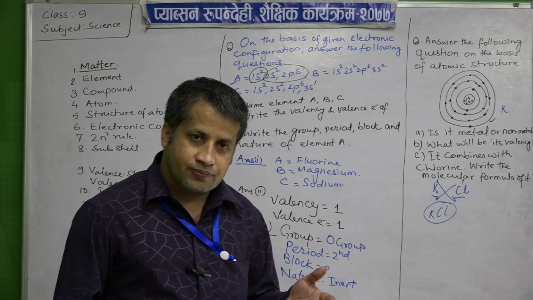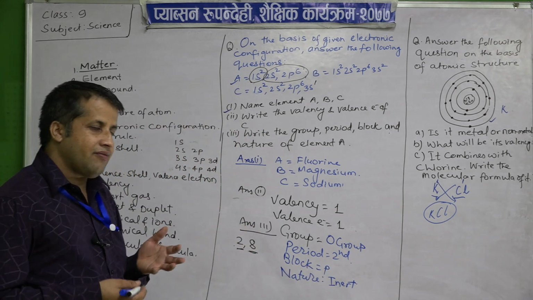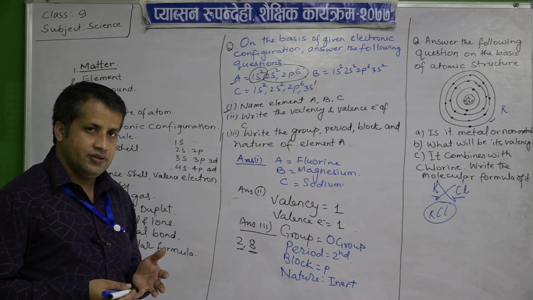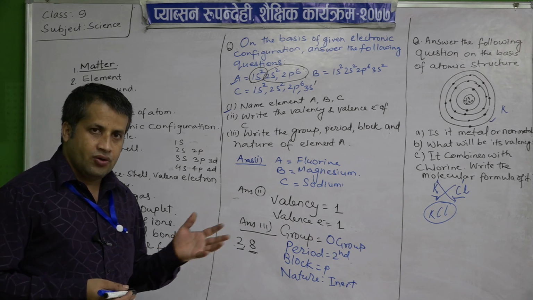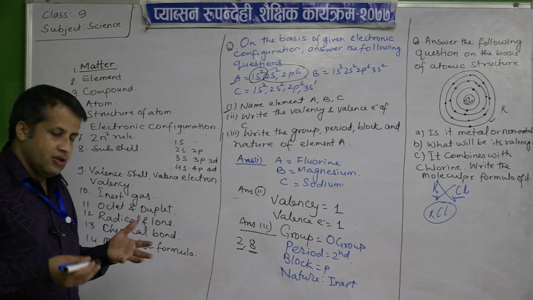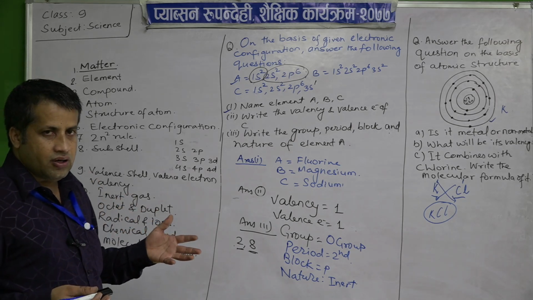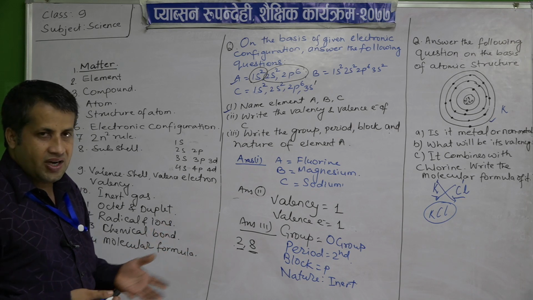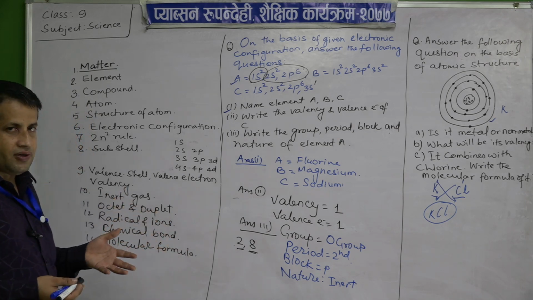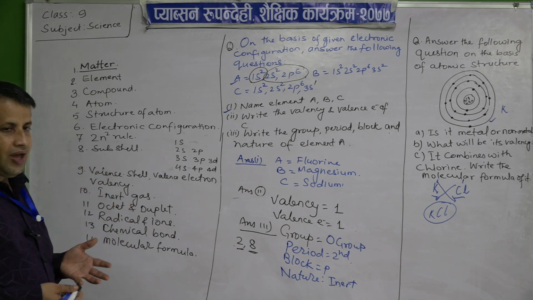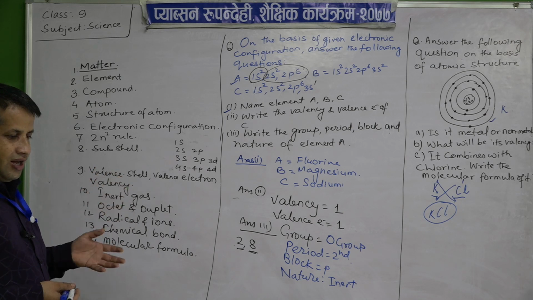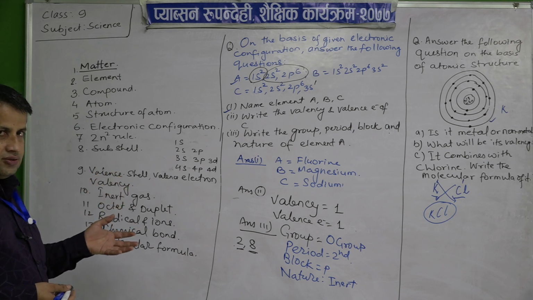So at last, what are the things we have come across in this chapter, and what are we able to understand or write? I will go through this very briefly, within 5 to 7 minutes I will complete it. So look here, what are the topics we have covered? At the beginning we defined chemistry, and then what is matter?